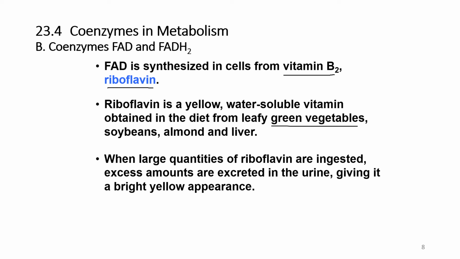And because this is water-soluble, if we ingest large quantities, the excess amounts are excreted in urine, and that might give it a bright yellow appearance. However, these water-soluble vitamins don't build up in fatty tissue. Thus, if you consume too much, it's just excreted in your urine.